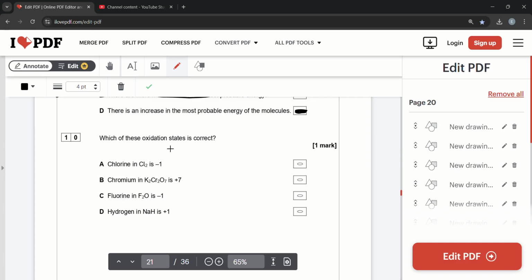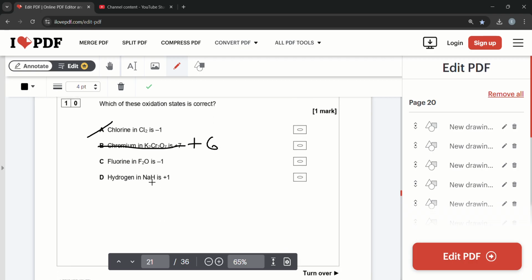Which of these oxidation states is correct? Chlorine in Cl2 is -1. That's false. Chromium in that is +7. We're going to have to break this down now. Oxygen is -2, so -14. Potassium's in group 1, so it's +2. -14 plus 2 is -12. Therefore, Cr is going to have +6, not +7. So no. Fluorine in F2O is -1. Well, let's look at D. Hydrogen in NaH is +1.